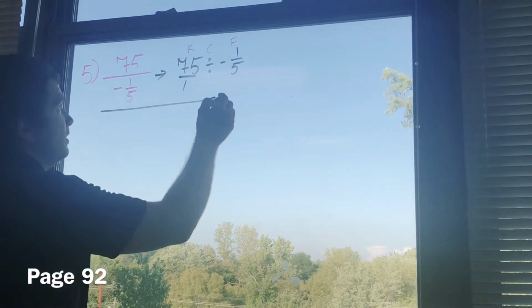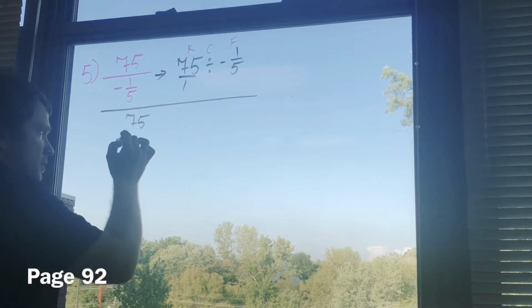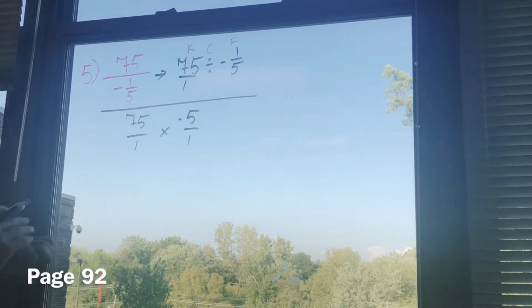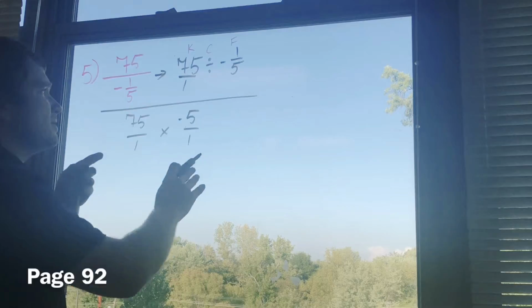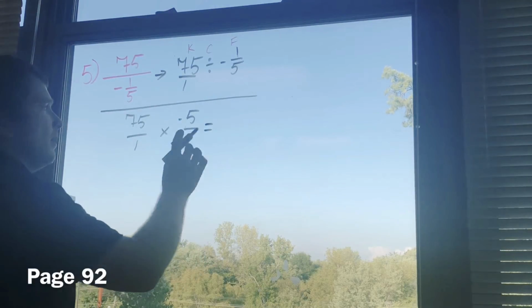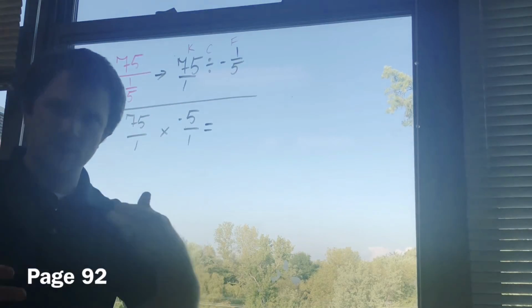So I'm going to bring this problem down here because we are writing on a window after all. And we're going to have 75 over 1 times 5/1. And again, this will be negative. We looked at crisscross applesauce. We can't do it. So we're left with just multiplying straight across. It's going to be a whole number. We know that because 1 times 1 is 1. So anything over 1 is a whole number.